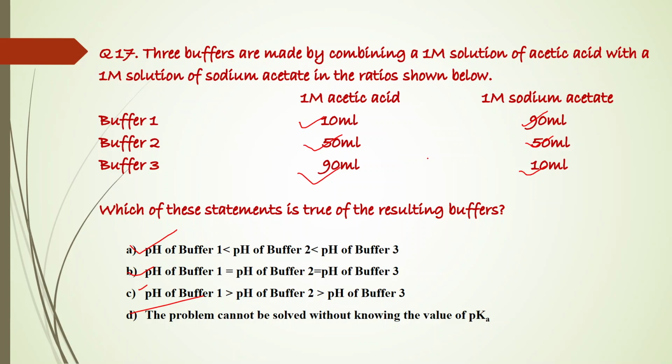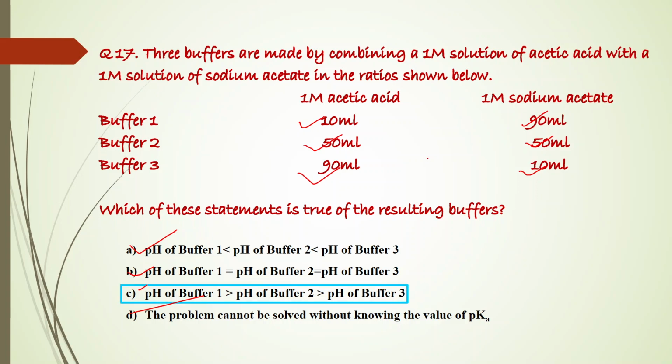So just by comparing the other part of the Henderson equation, the log of NaA by HA, we can answer this question. So you can rule out the fourth option. You just need to identify the pH order, not the exact value.